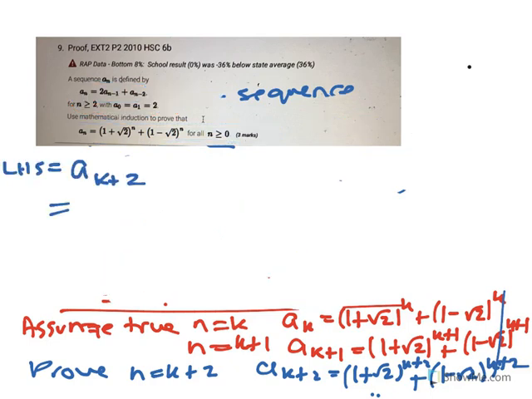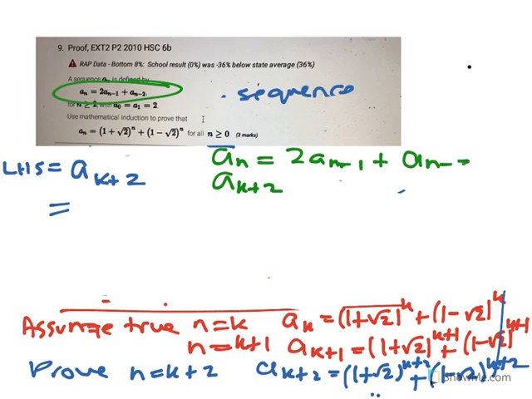Okay, so the left-hand side is a_(k+2). Now, if you use this sequence here, a_n equals 2a_(n-1) plus a_(n-2).